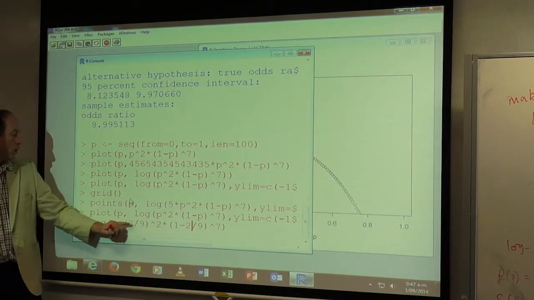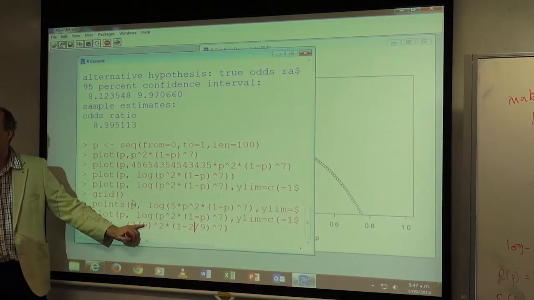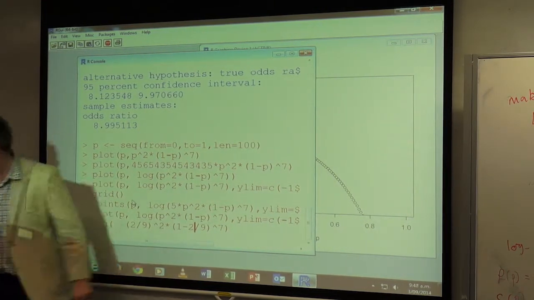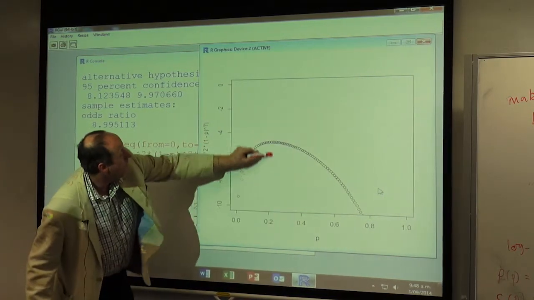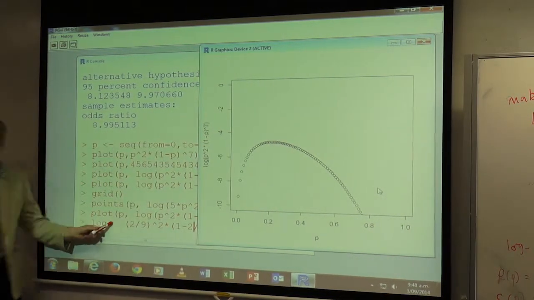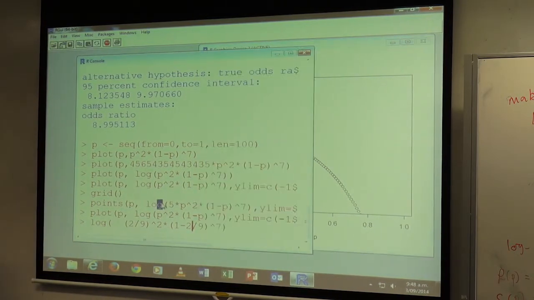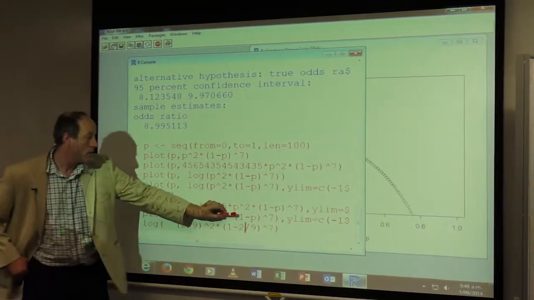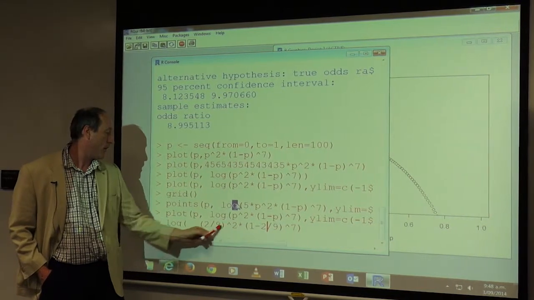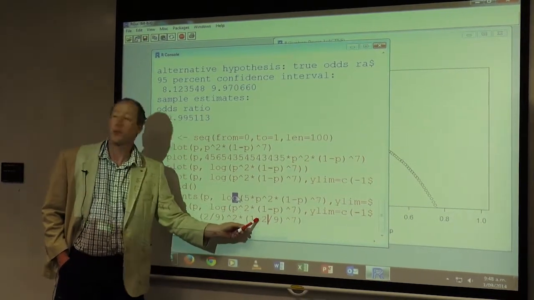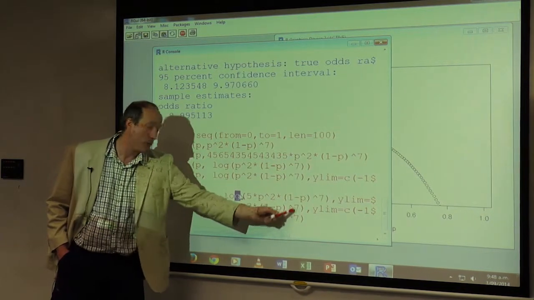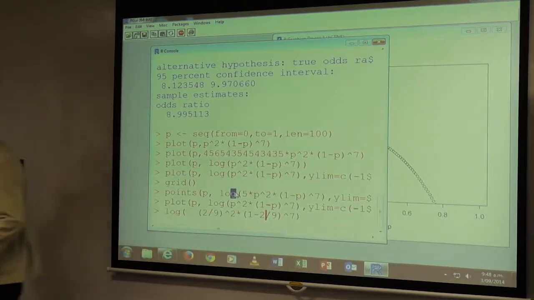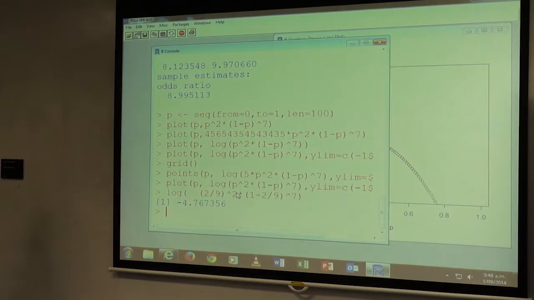So what I'm doing is working out the support at p equals 2/9, which is this value here. I'm just taking my log likelihood function, which is this thing here, and substituting p equals 2/9. And 1 minus 2/9 is easier than putting 7/9 in, to the power 7, because that's what my likelihood function is. And it comes out to be that.